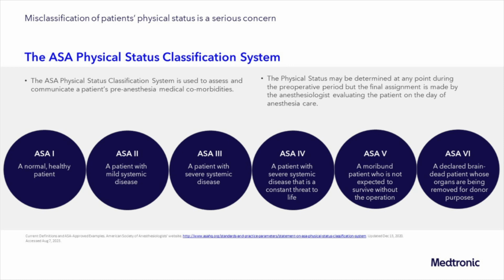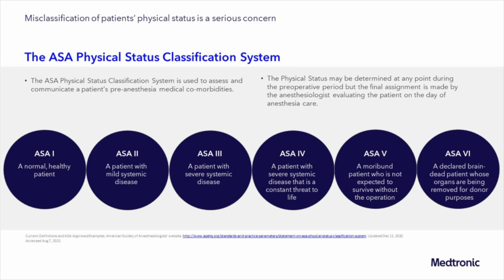Good question, Dr. Chawla. The ASA, or the American Society of Anesthesiologists, physical status classification system, is really a numeric value from 1 to 6 on determining the patient's pre-anesthesia comorbidities. So when you start on the left side, the ASA 1 is a normal, healthy patient. You move to an ASA 2, it's a patient with what we classify as a mild systemic disease.